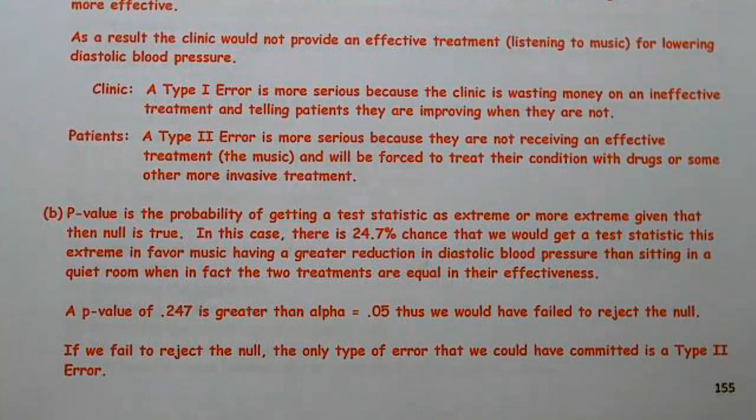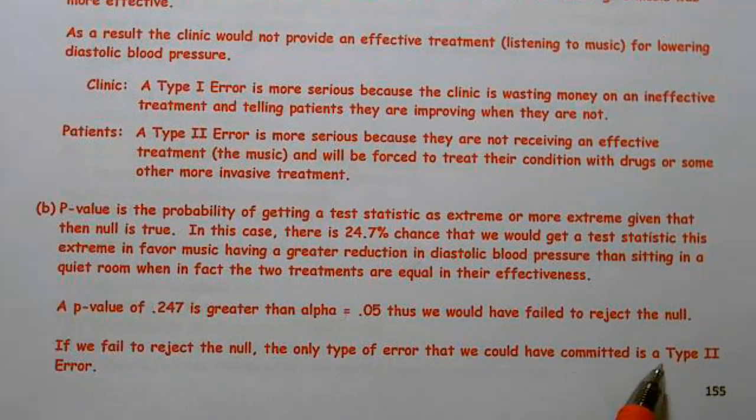In this case, there's a 24.7% chance we'd get a test statistic this extreme in favor of music having a greater reduction in diastolic blood pressure than sitting in a quiet room, when in fact the two treatments are equal in their effectiveness. So what type of error? Well, a p-value of 0.247 is greater than an alpha of 0.05. Thus, we would have failed to reject the null. If we fail to reject the null, the only type of error that we could have committed is a type 2.